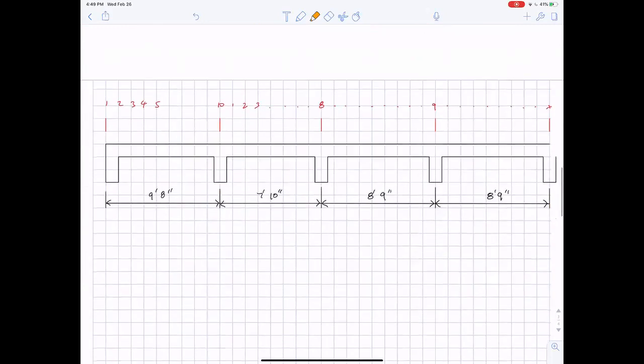We don't know this for sure, but I'm guessing these are all 12 inches wide. After we design the beams, we'll have to revisit this. What we need now are these clear distances between the faces of these beams, because the ACI moments are based on face-to-face clear distances.